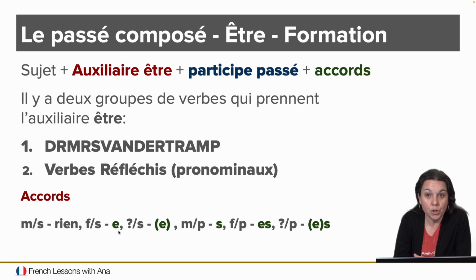If you're not sure if it's masculine or feminine, but it is singular, you put an e in brackets because the brackets indicates that the subject can be either masculine or feminine. If it's masculine plural, add an s. If it's feminine plural, add es. If you're not sure again of what it is, then put the e in brackets, just like you did for the singular form, and add an s.